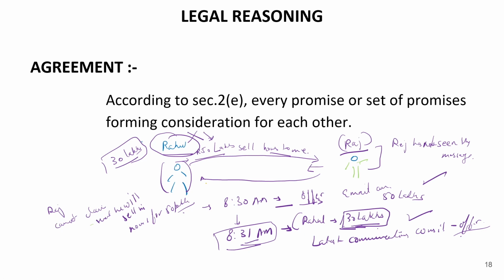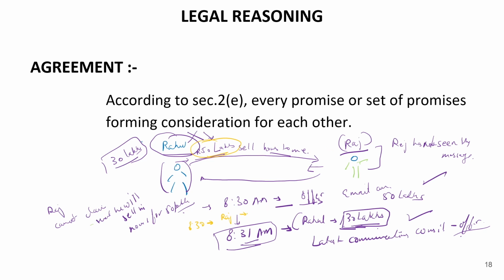Had it been the scenario that at 8:30 only Raj would have seen the message, then Rahul would have been obligated to pay 50 lakhs had Raj mentioned that I accept your offer.